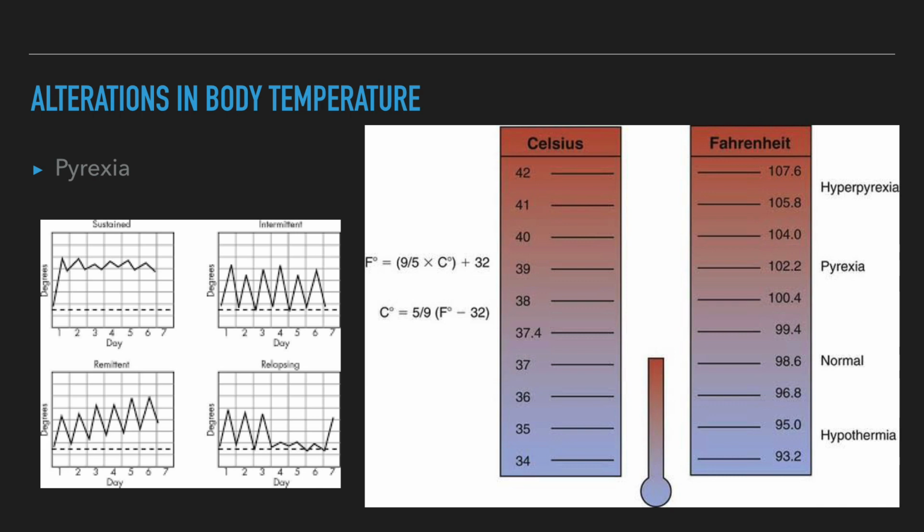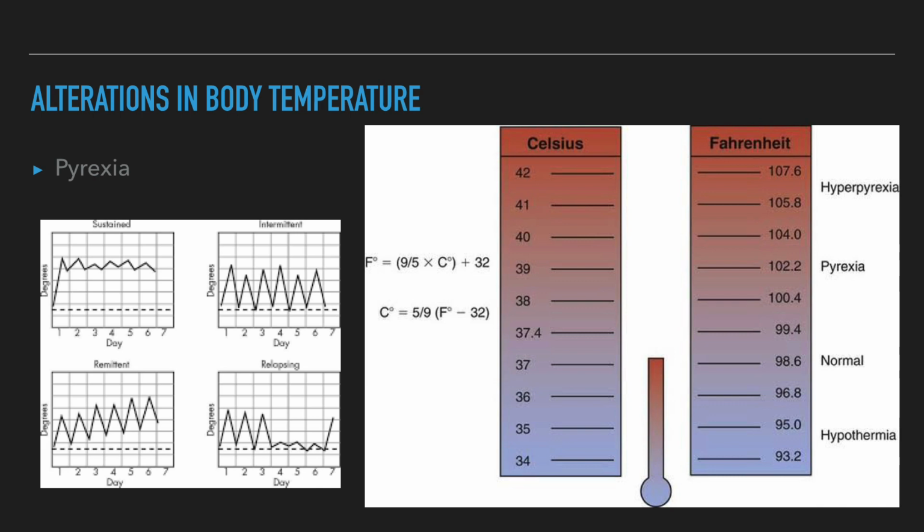Four common types of fever are intermittent, remittent, relapsing, and constant. During intermittent fever, the body temperature alternates at regular intervals between periods of fever and periods of normal or subnormal temperatures.